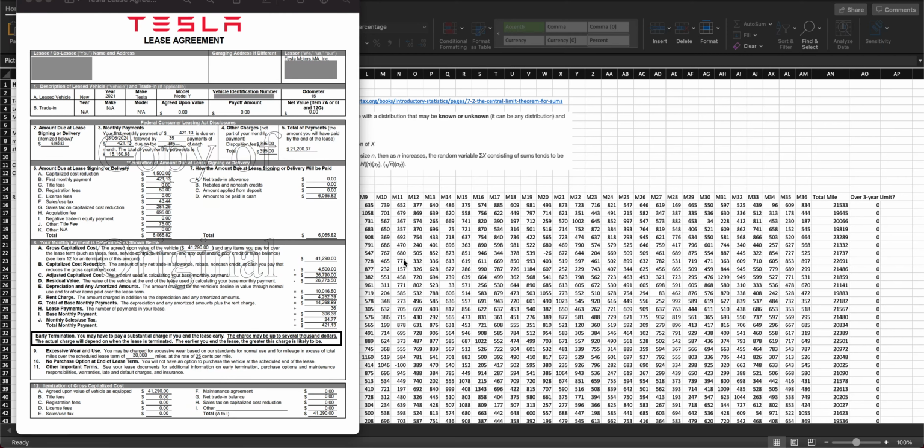Continuing to talk about the cost of Tesla leasing versus buying. In my previous videos, I have made a series of comparisons of the total cost of leasing versus buying with a loan. One of the key points that I made is that with a Tesla lease, there is a benefit of certainty.